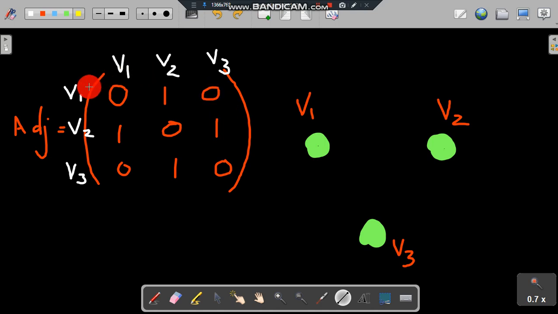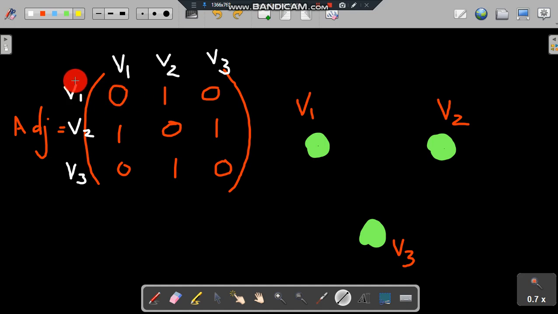Okay, now look at this, V1 and V1. Here 0 comes, so there is no adjacency between V1 and V1. V1 is itself, so there is no meaning for adjacency. But sometimes there may be a loop, so in that case we have to write 1 here. Okay, come here, 0 comes.